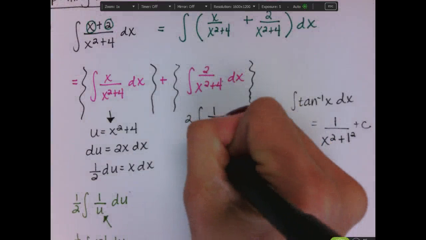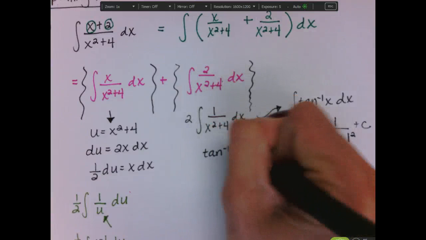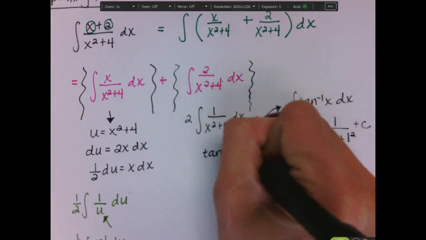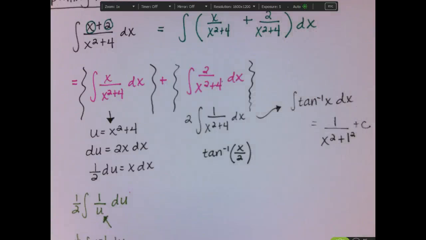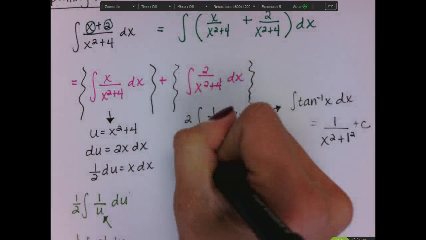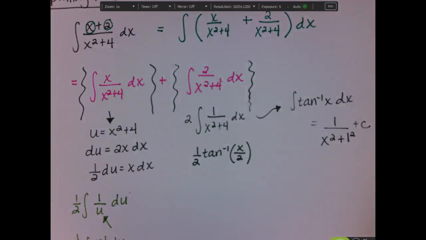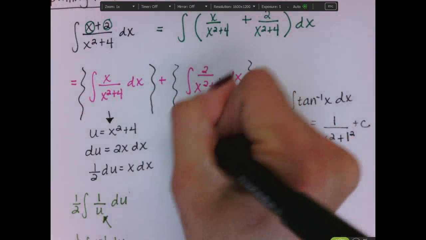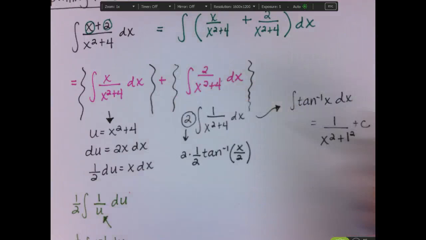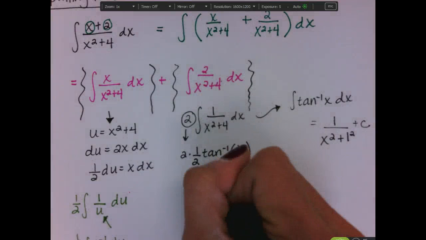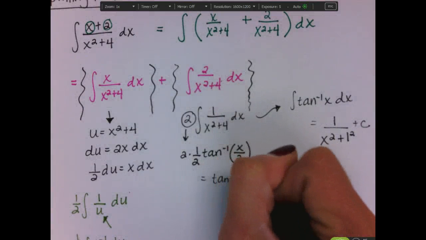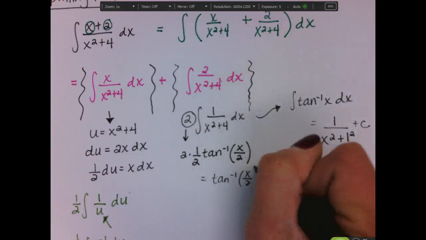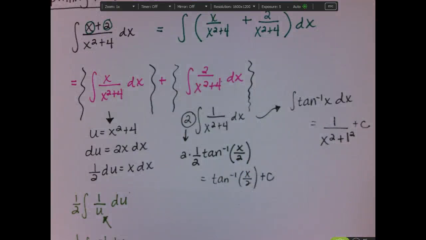So all of this becomes the inverse tangent of x over 2. And then what we need to do is multiply that by 1/2 according to the chain rule, or the opposite of the chain rule in this case. So don't forget to bring down this multiple of 2. And what we end up with is the inverse tangent of x over 2 plus c.